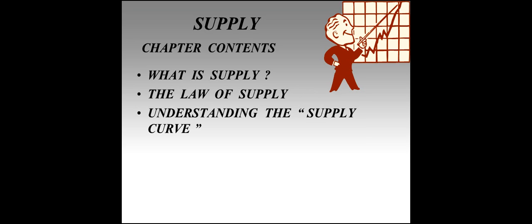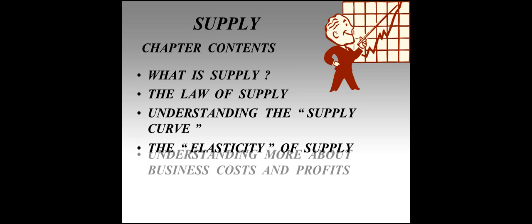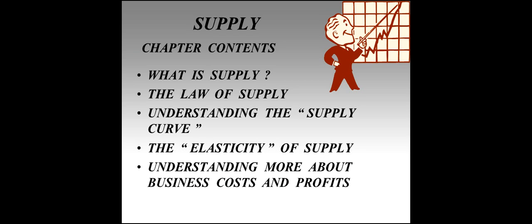There is a supply curve, which we'll introduce you to, and it has characteristics similar, in many ways, to the demand curve. And supply, just like demand, is sensitive to price changes, and we'll talk a little bit about elasticity of supply. But here's a difference.